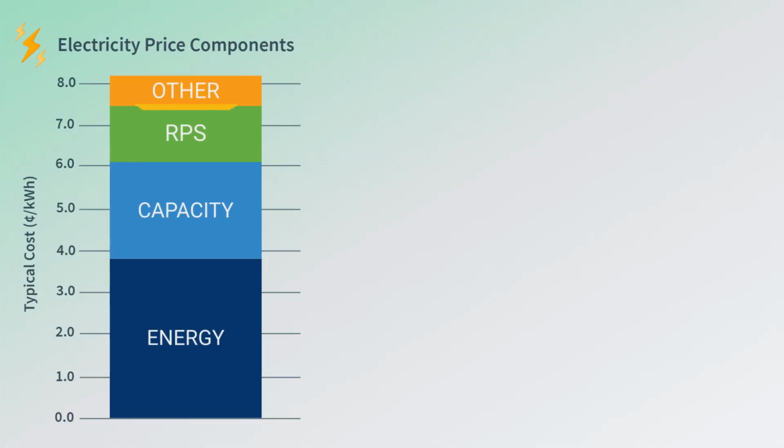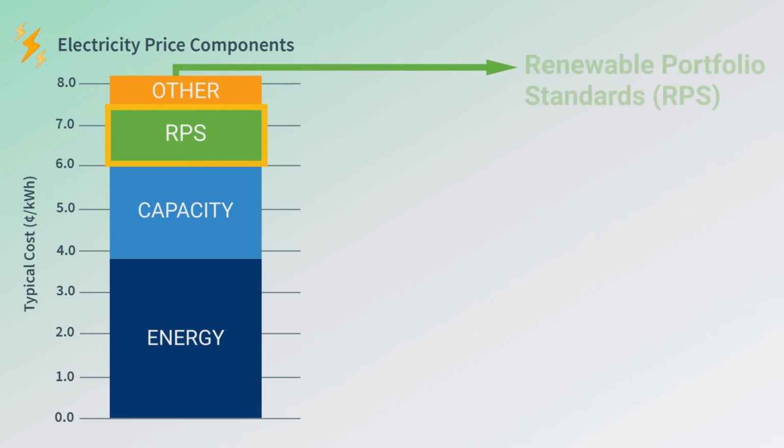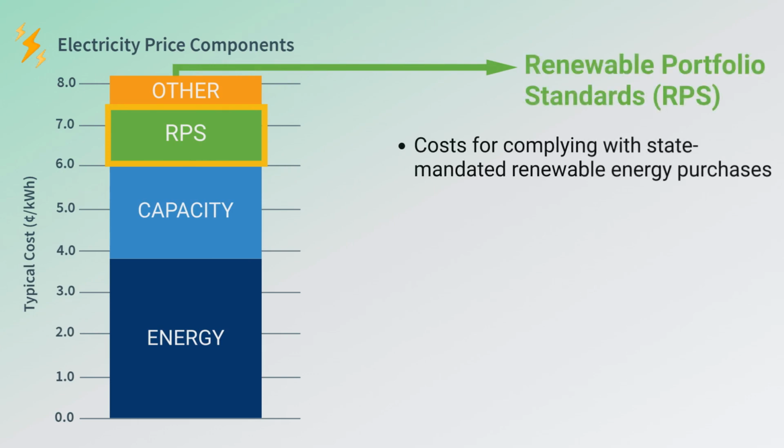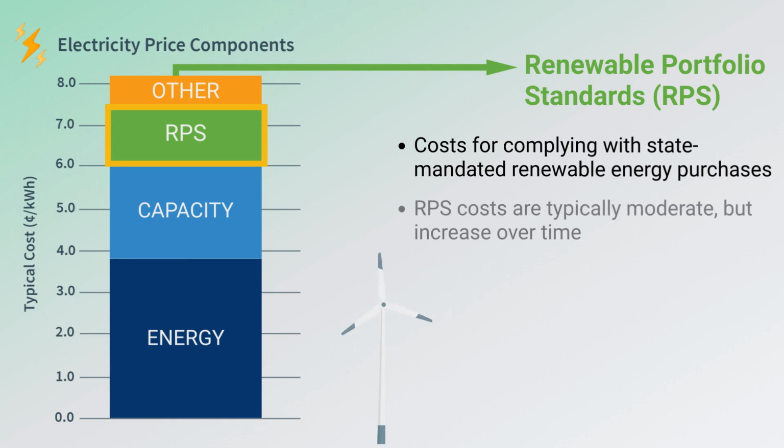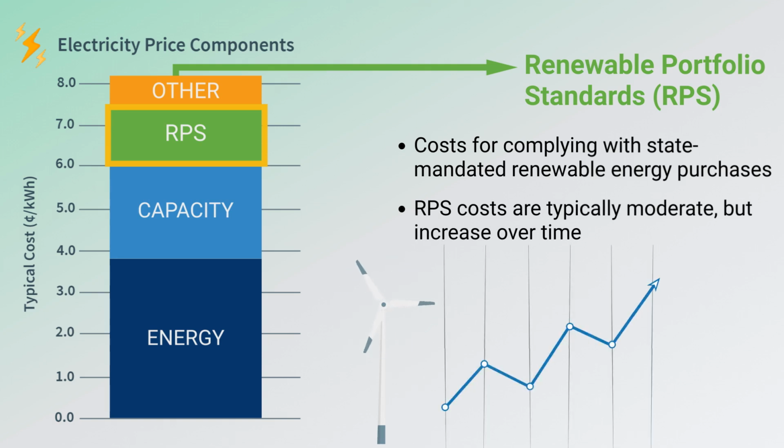The second one is Renewable Portfolio Standard. This is the cost to supply green energy to you that is state mandated. These costs are typically moderate in most states except for Massachusetts, but most states also have increases. Let's go a little more green every year, and this cost is increasing over time.